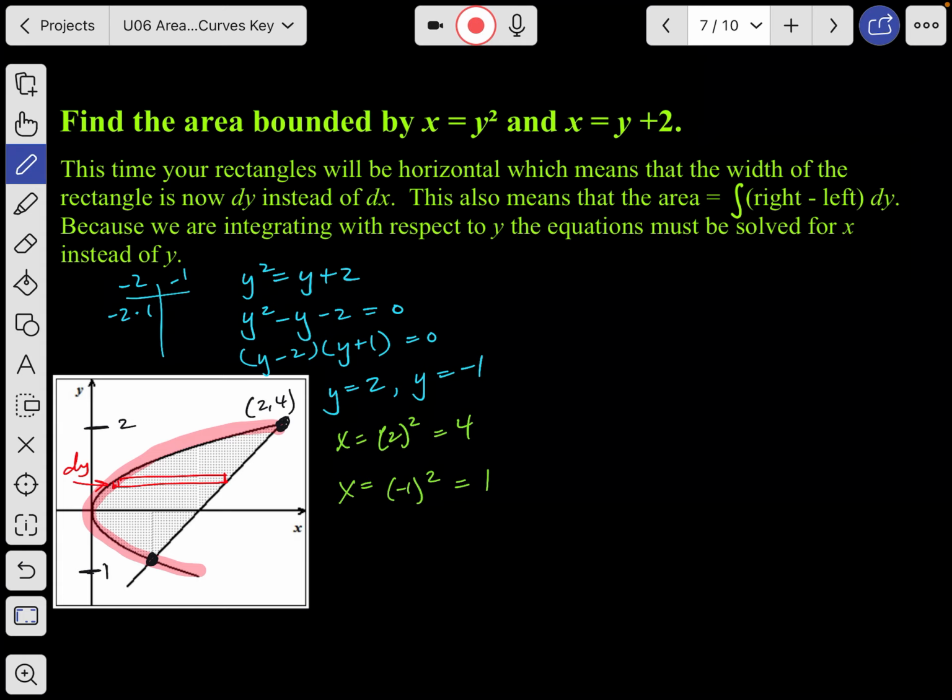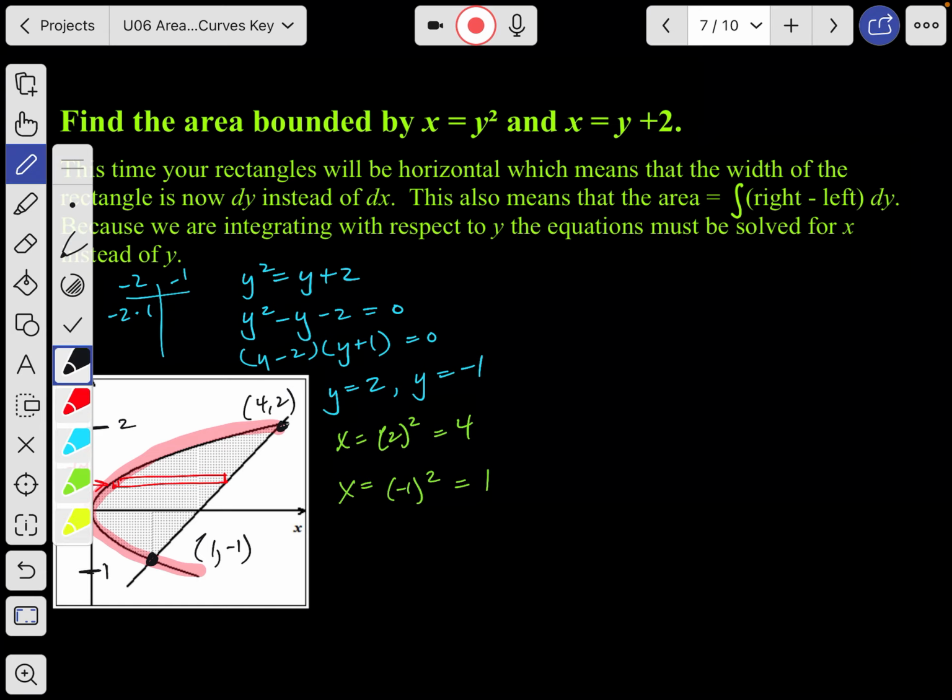And so let me make sure I wrote that right. Oh, yep, I didn't. I need to switch these. I knew that was wrong. 4, 2. How about that? All right, and this guy is going to give me 1, -1. All right, those are my two intersection points.